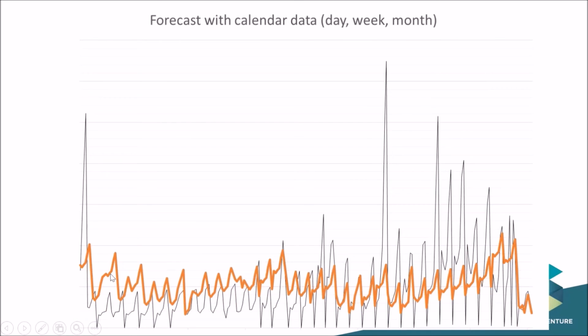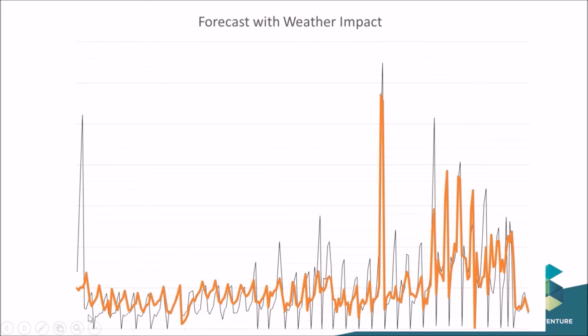Look at the beginning of the year here. In general, if we only look at calendar effects, we overstate. If we include weather information, you can really see that we drag the level down. So we bring it much closer to the baseline sales. And if we look at this type of example, for me it again confirms, okay, this is not ice cream, this is a dairy product.